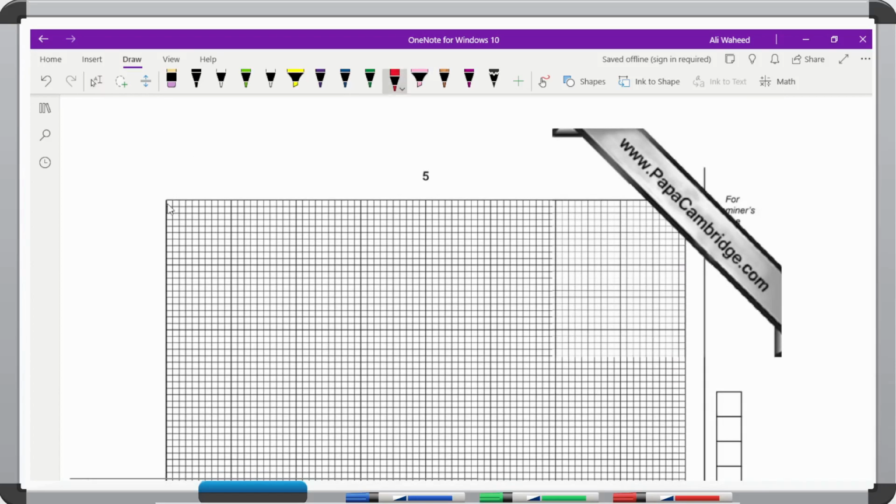On the y-axis, you're provided with 12 large squares, and on the x-axis you're provided with 8 large squares.